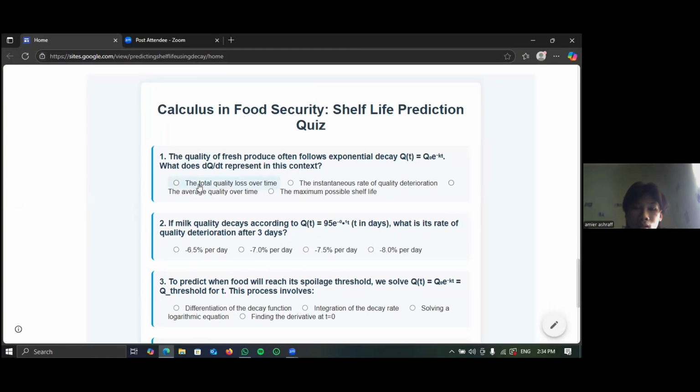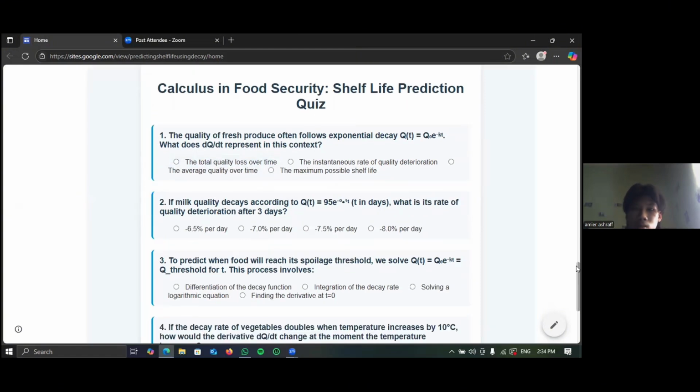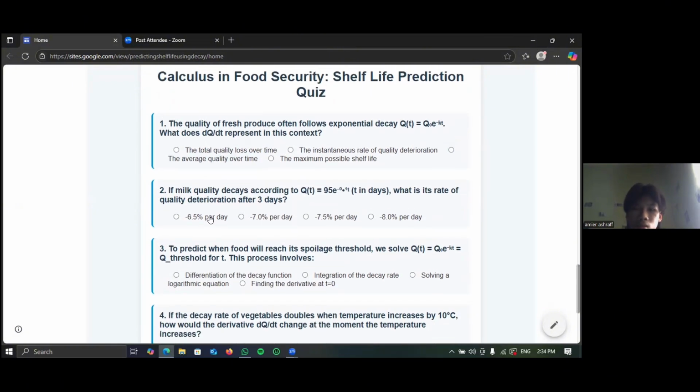The last one is the quiz, Calculus in Food Security Shelf Life Prediction Quiz. This quiz also gives the answer when you put in any answer.